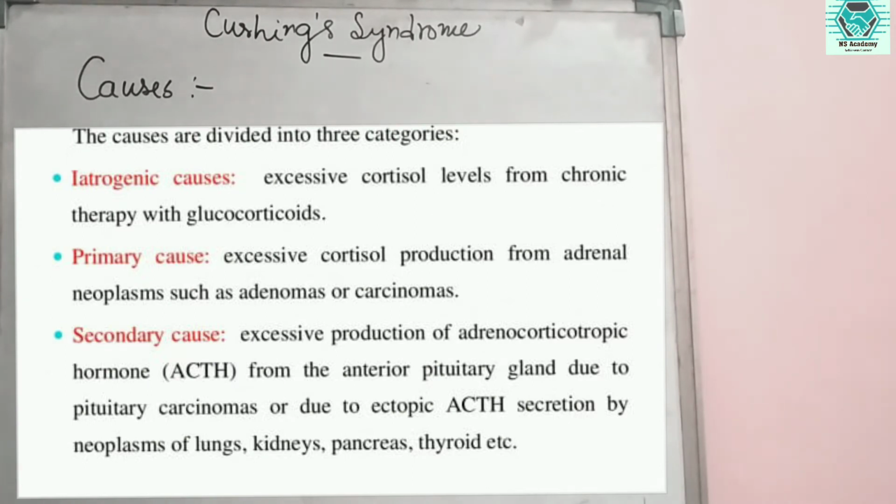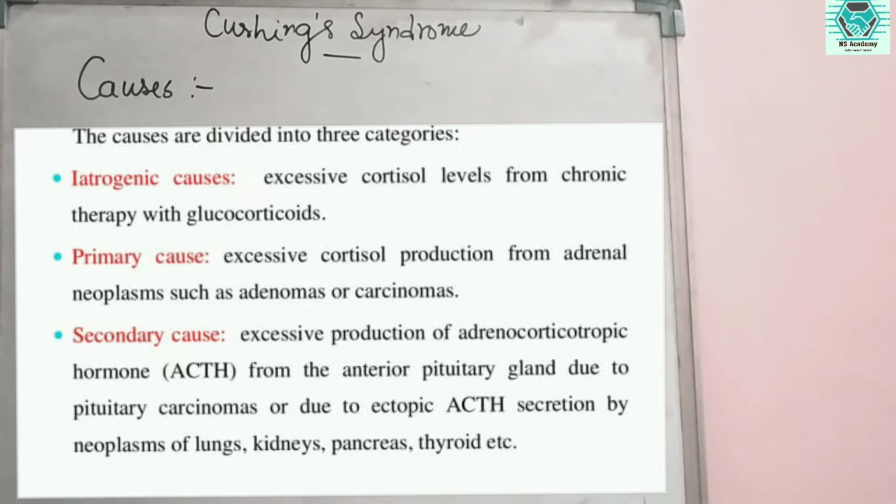first of all the iatrogenic causes, that is excessive cortisol levels from chronic therapy with glucocorticoids. Now, the primary cause is excessive cortisol production from adrenal neoplasms such as different adenomas or carcinomas.